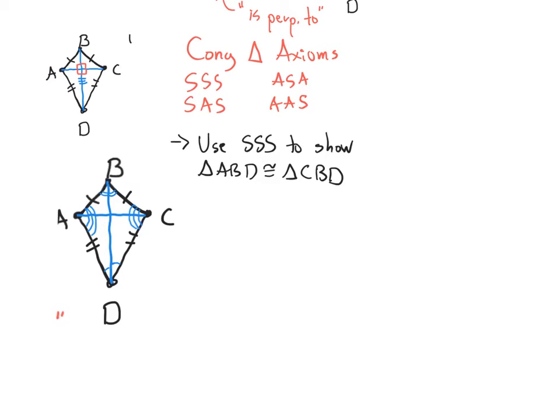Okay. So from here, we have a little more information. We're starting to talk about angles. Now we have to think about a good way of showing that these angles are congruent. Remember, that's our goal, to show these angles here are all 90 degrees.